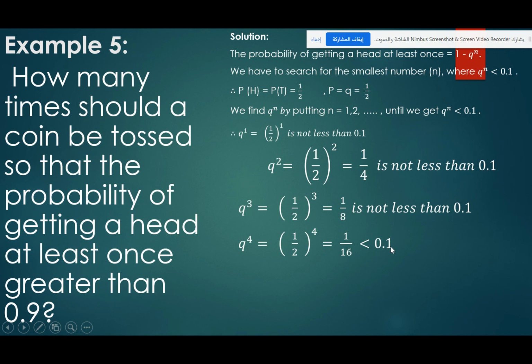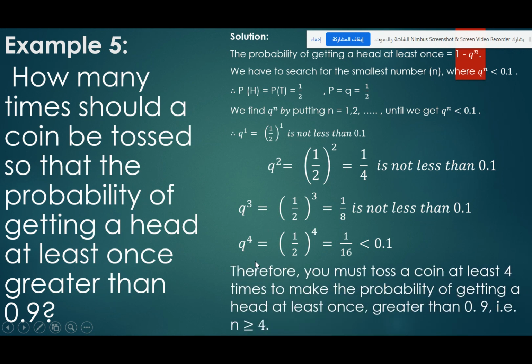You can check it by your calculator, or make a long division. So you found now 4. 4 is the least, or smallest, integer number for n which can satisfy this relation.